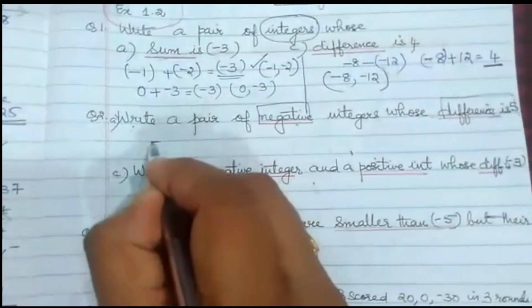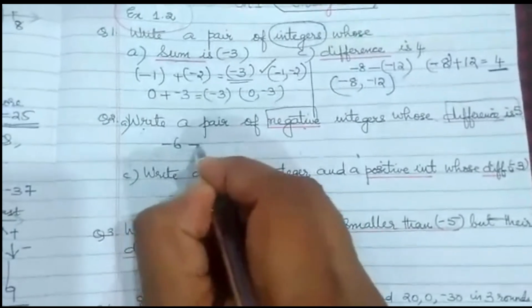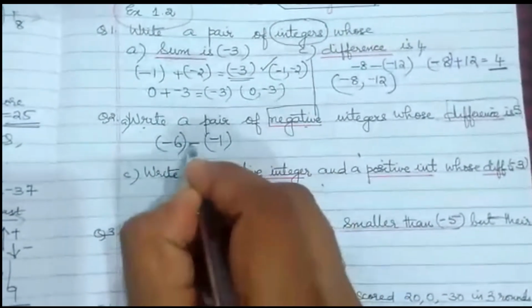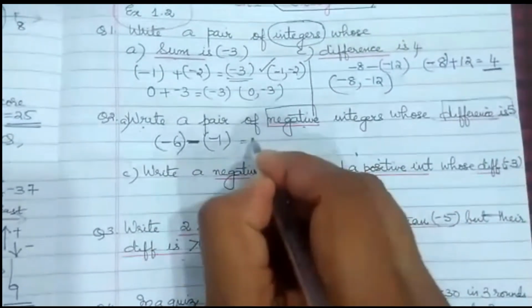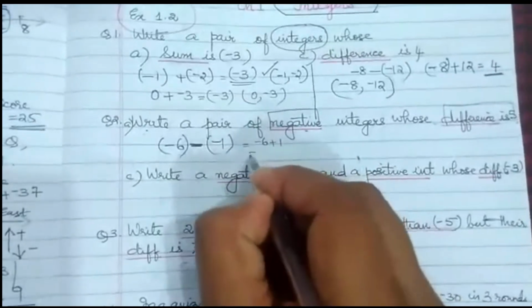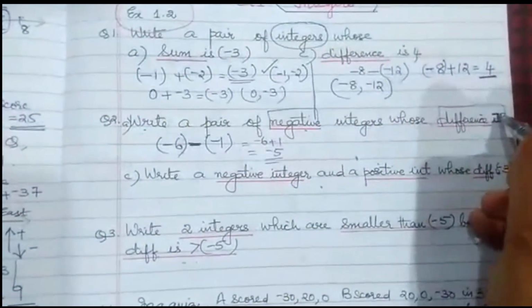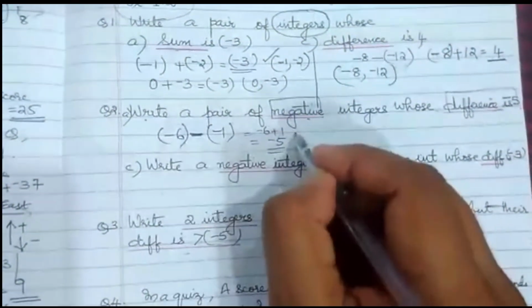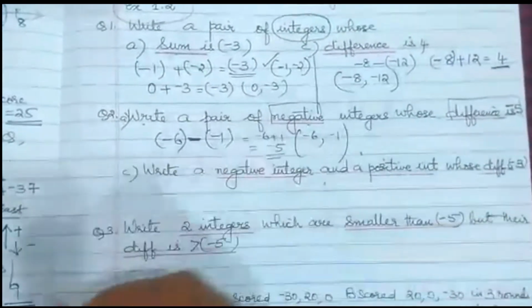Now if I am taking minus 6 and minus 1, both are negative integers. Difference means minus. So it is equal to minus 6 plus 1. You got it as minus 5. Here the difference is minus 5. So you got the answer. What is the pair? Minus 6, minus 1.